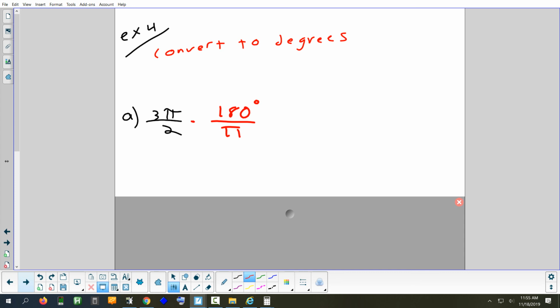What's going to happen here? 270. Pi's cancel. Radians cancels. And 2 goes into 180, 90. So you're left with 3 times 90 degrees. Which is how much? 270.